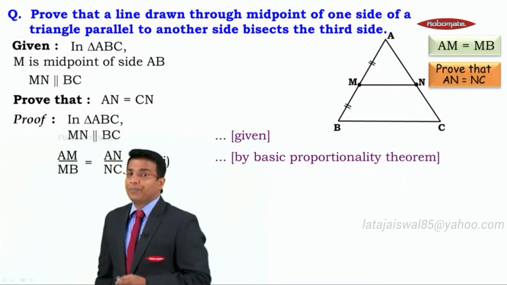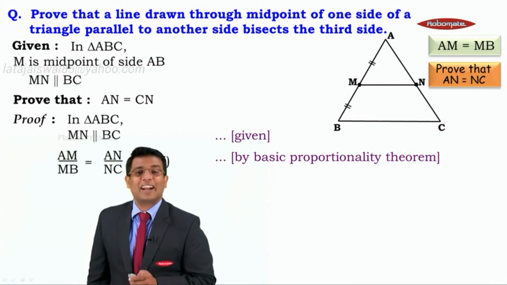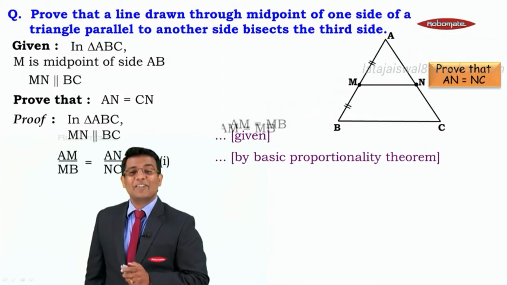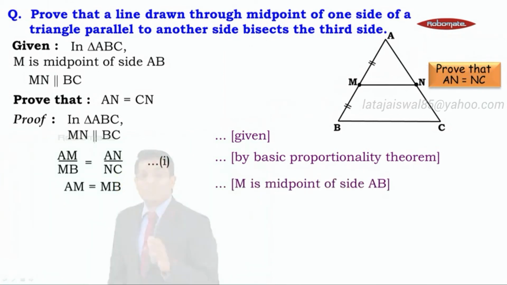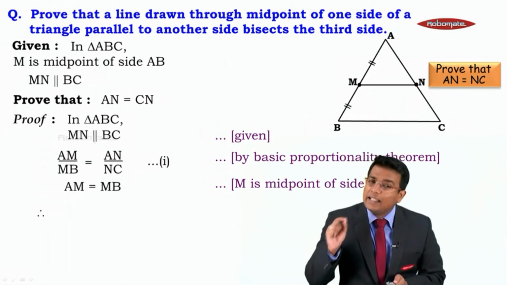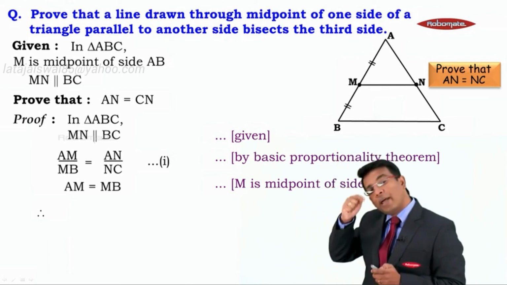Now let's move ahead. Let's see what is the next given information we have. We have that AM is equal to MB, right? That is the next given information. Why is AM equal to MB? Because M is the midpoint of side AB. Now, I'm saying that AM is equal to MB, but in the first statement I want the ratio of AM and MB.